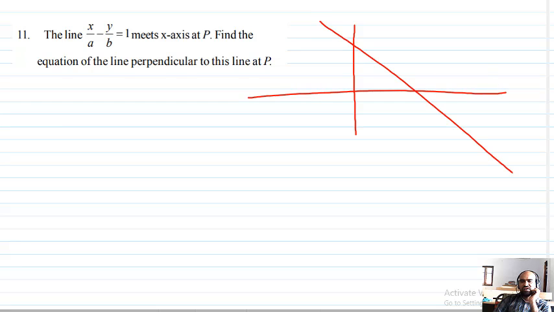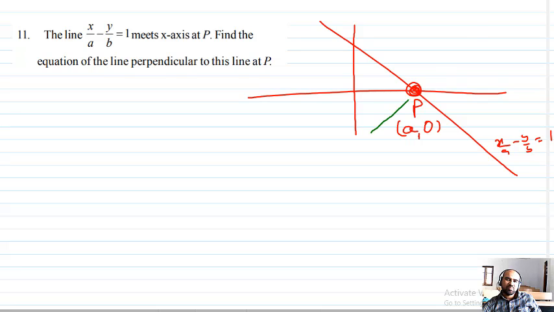This is the given line, x by a minus y by b equal to 1, intersecting the x-axis at P. We need to find the coordinates: y equal to 0 only. Put y equal to 0 here. What will we get for x? A only. A comma 0. Now through this point a line is drawn perpendicular to that line, and we want to find the equation of that line. Easy one, no?